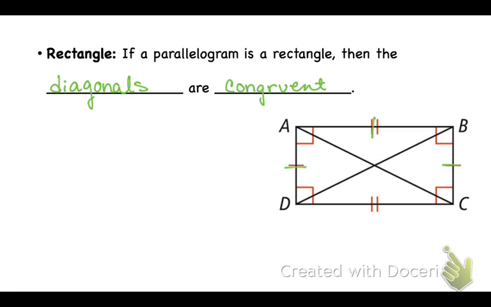Congruent. And you also know that all four angles are right angles. This is a transversal, yes? So does that mean this is congruent to this? Yes. And does it mean this is congruent to that? Yeah. In the same way on the other one? Uh-huh. Okay.